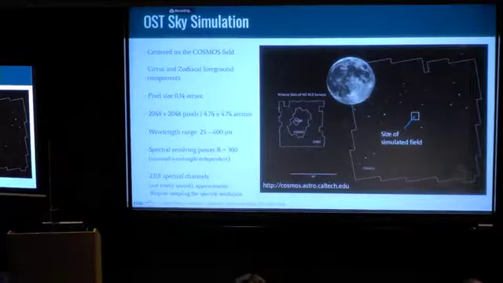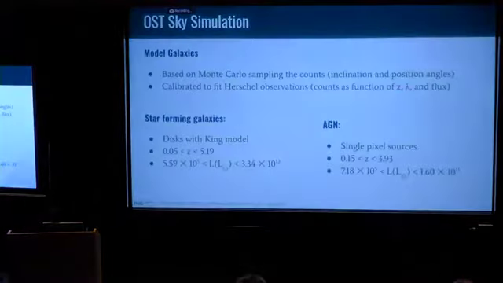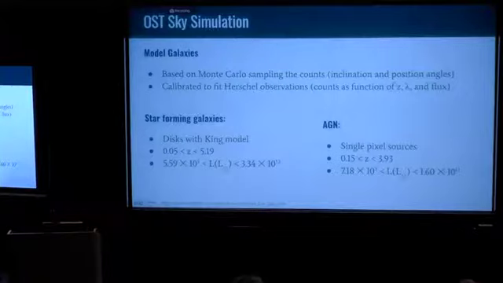So the simulations include cirrus and zodiacal foreground components, as well as model galaxies. The galaxies are sampled in regards to their inclination and position angles using Monte Carlo sampling.